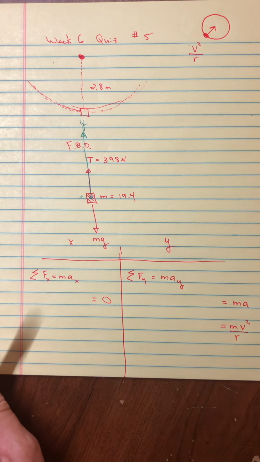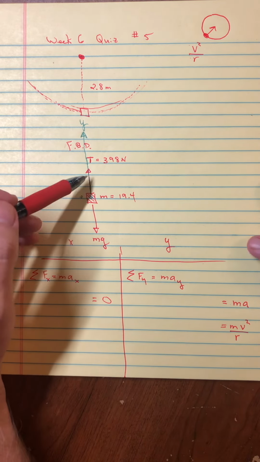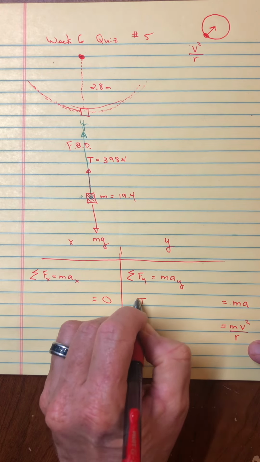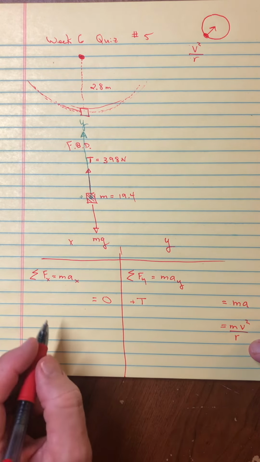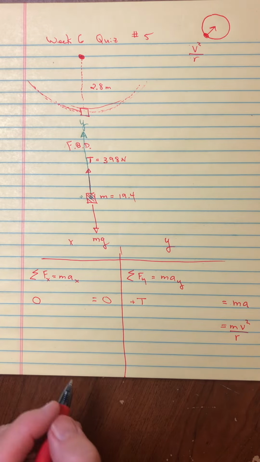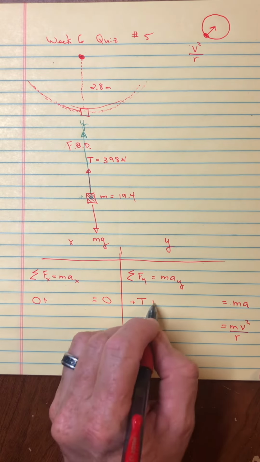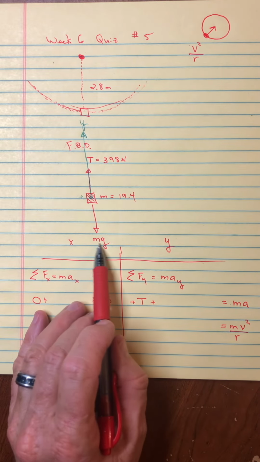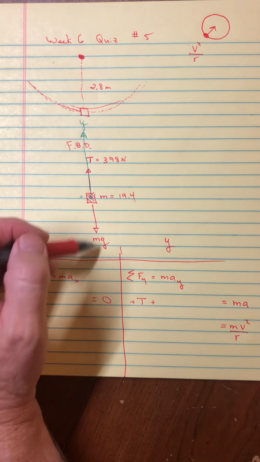And so if I look at, say, the tension force first, I would say the tension is all in the y direction, and it's in the positive y direction, and nothing in the x direction. And then if I look at mg, that's its weight going down.